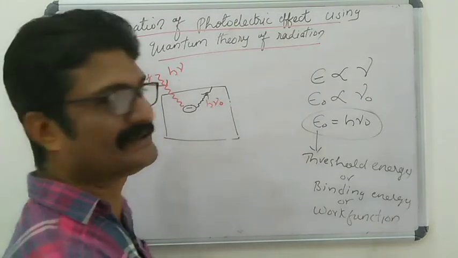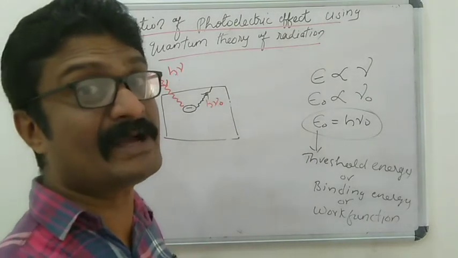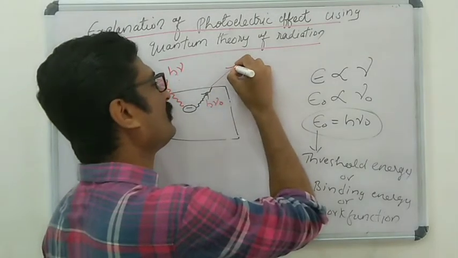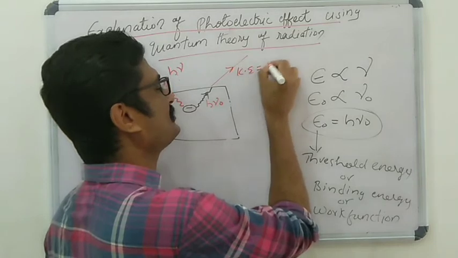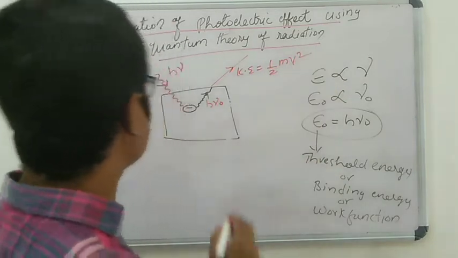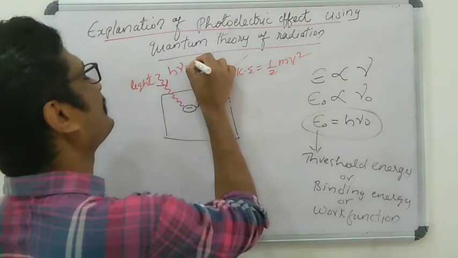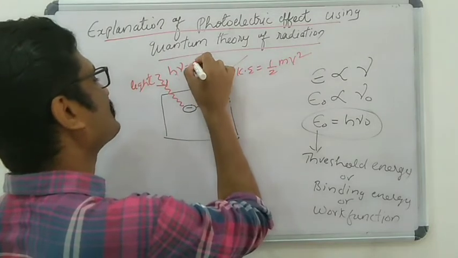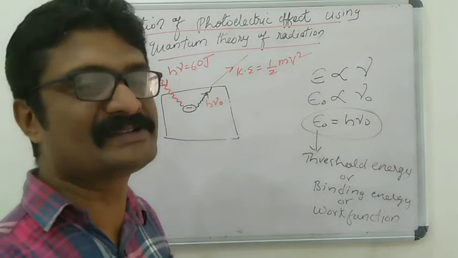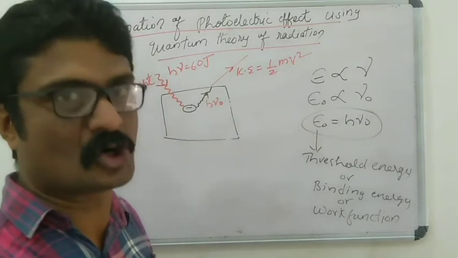The remaining energy is used in the form of kinetic energy, half m v squared. That means, suppose 60 joule is the amount of energy possessed by the incident photon.